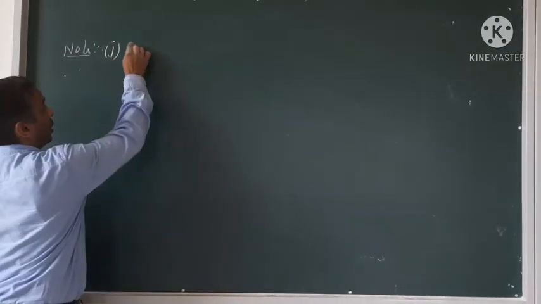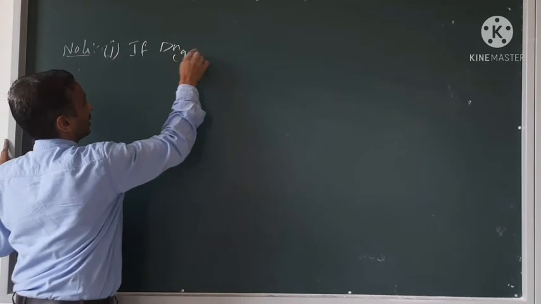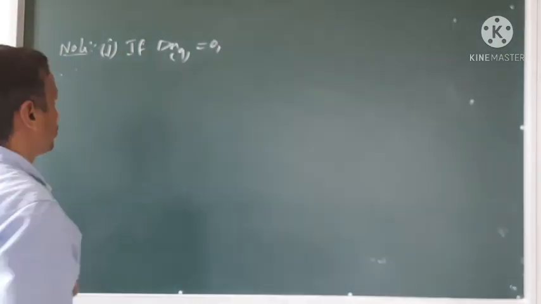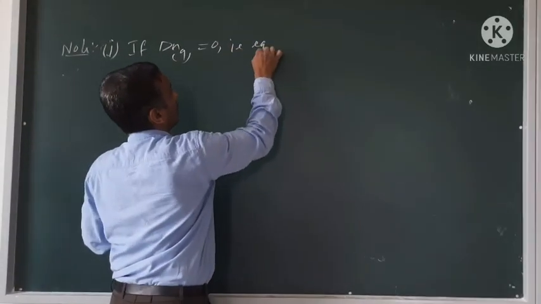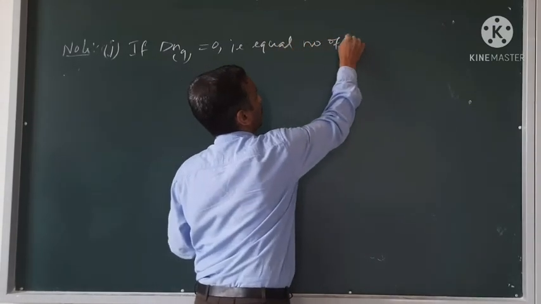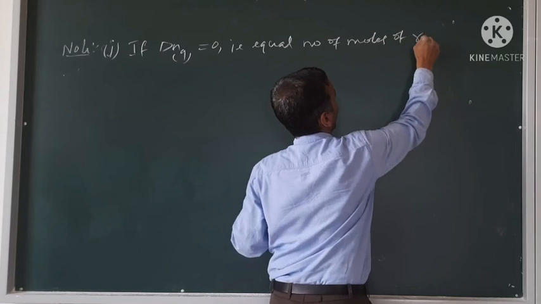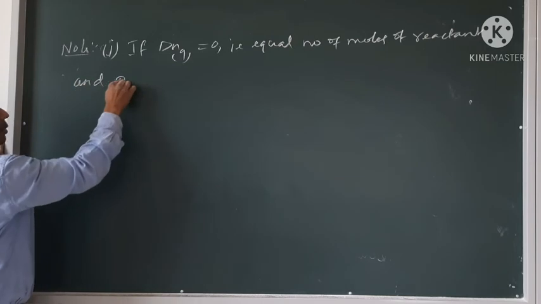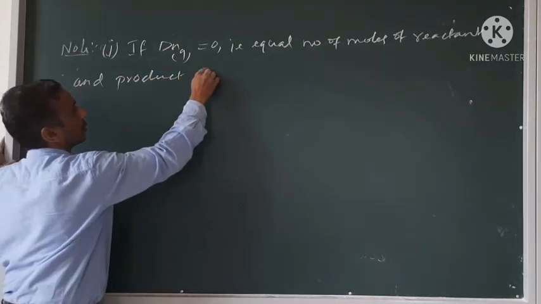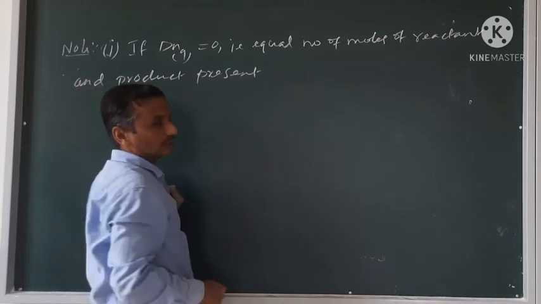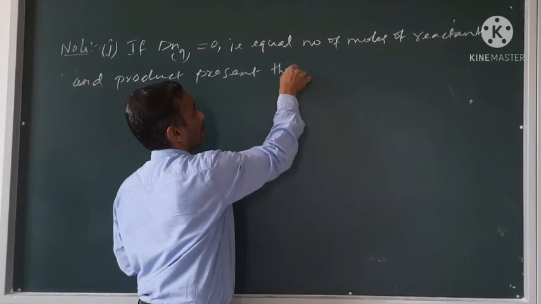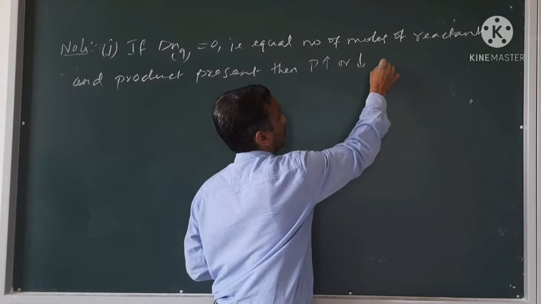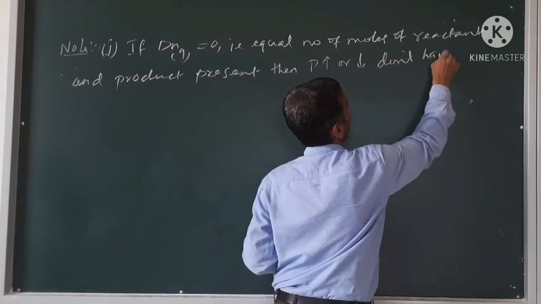Next one. If delta n of the gas is 0, that is, an equal number of moles of reactant and product are present, then pressure increase or decrease does not have any effect.